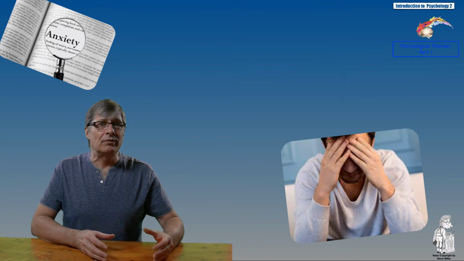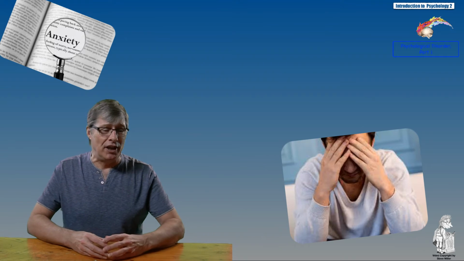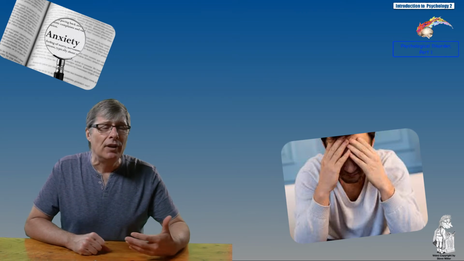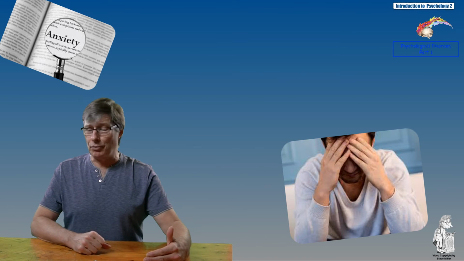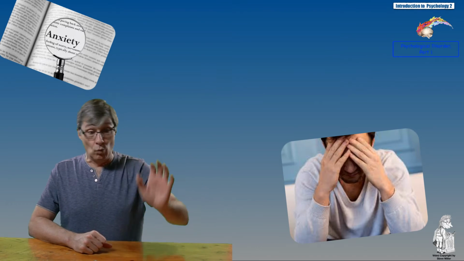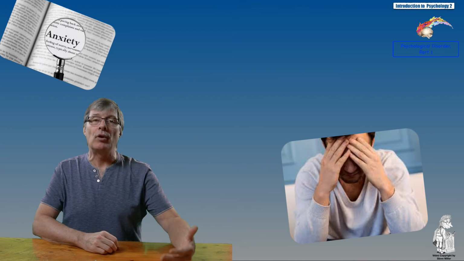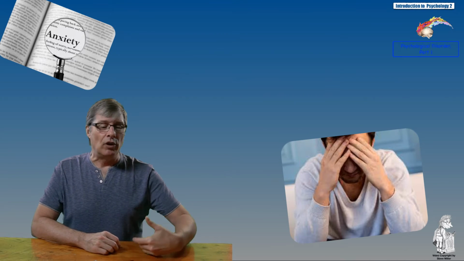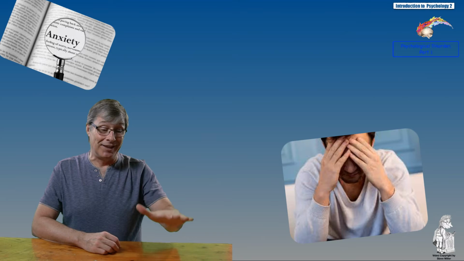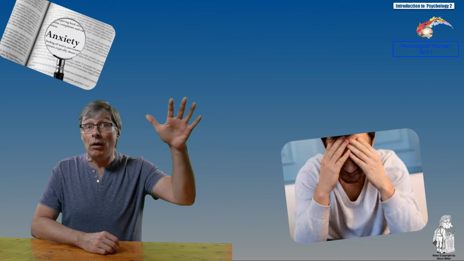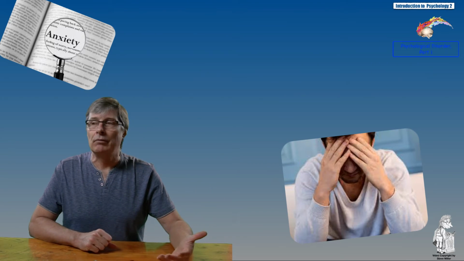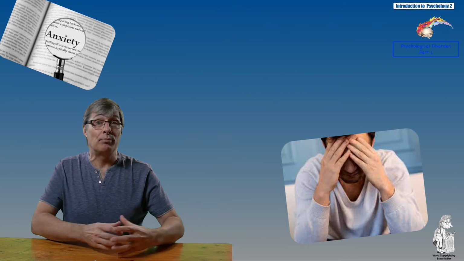Or even if it doesn't fade soon after the danger is past. So if you're anxious because a dog's in the room, and that anxiety goes way higher than what would be considered sort of normal for the presence of a dog, and the dog leaves and your anxiety doesn't come down but stays up longer than what would be considered typical, then that becomes problematic.